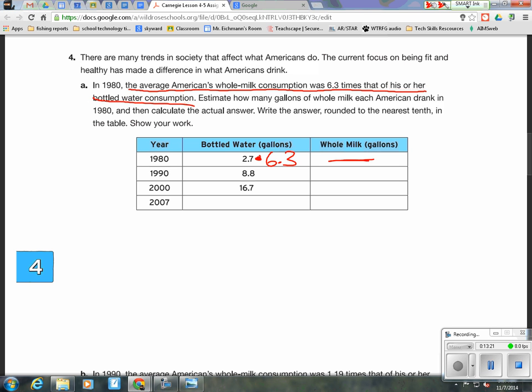That's all it's asking you to do. It's asking you to find this answer right there. It's not asking you to find this or this. It's only asking you to find this one spot right there. That's all.